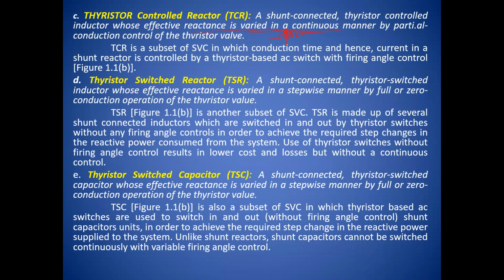Second, the thyristor switched reactor. It is somewhat opposite in the sense that here, smooth variation of reactor is possible. Here, smooth variation of the reactor value is not possible, whereas we are going to control the reactor value in steps. Say, for example, one reactor, second reactor, third reactor are connected, and it is controlled with the help of a switch.